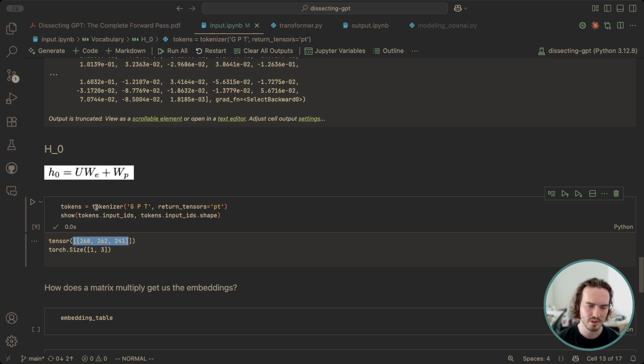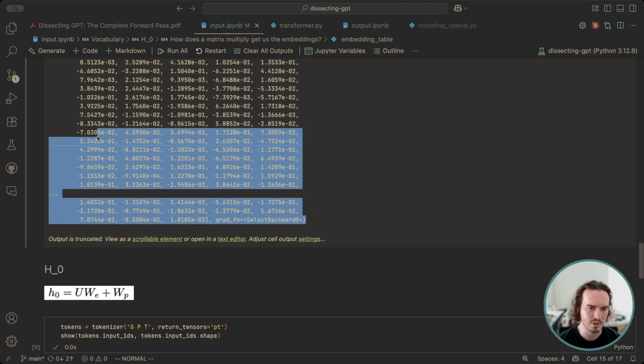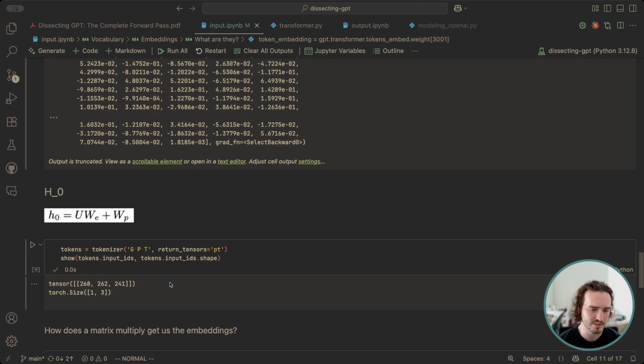And we're multiplying that by the token embedding matrix. A very fair question is, what is a matrix multiply doing there? How does that actually grab the correct embeddings that we want for those tokens?